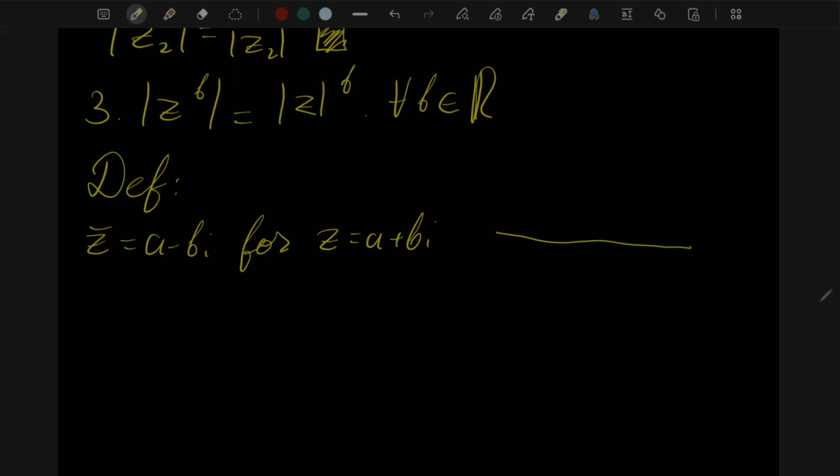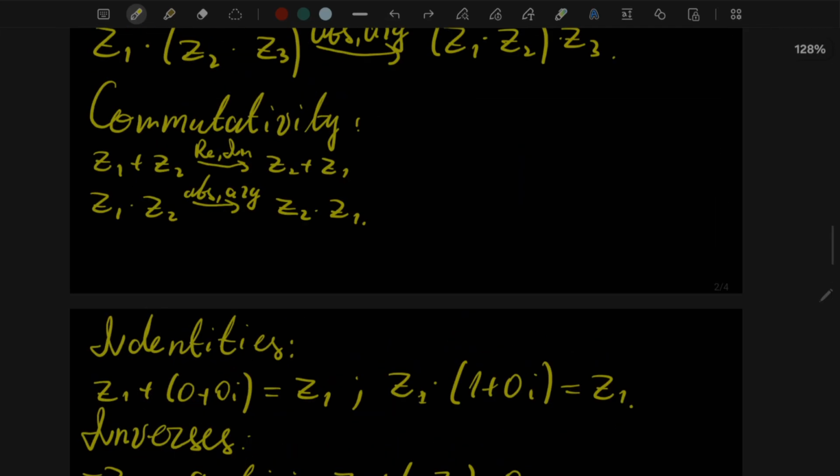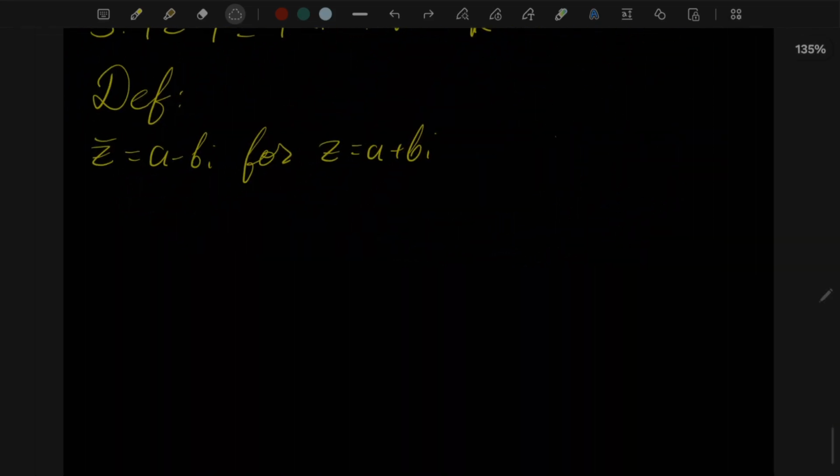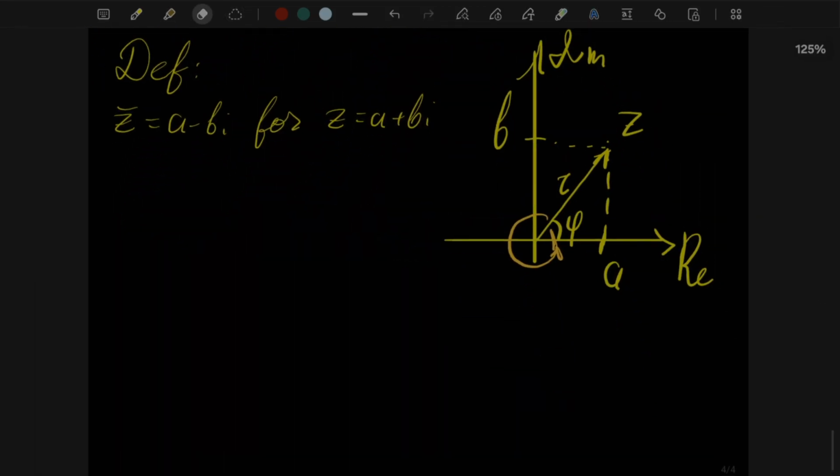And if you look at the Argand diagram, if we mark the value of negative b here, and again take the value of the conjugate, then we can also understand that it has the same absolute value, but the argument is negative phi.